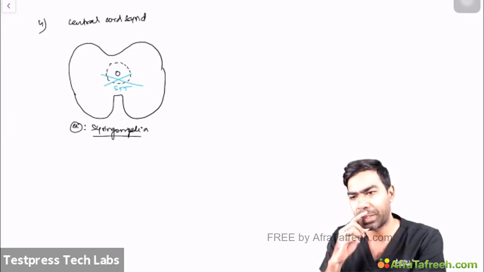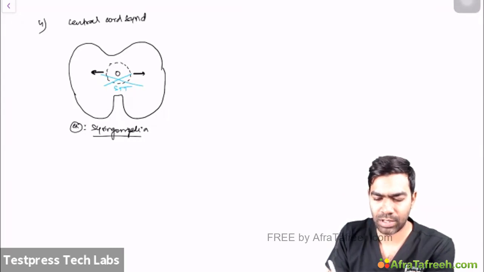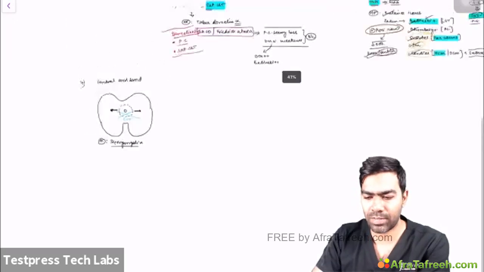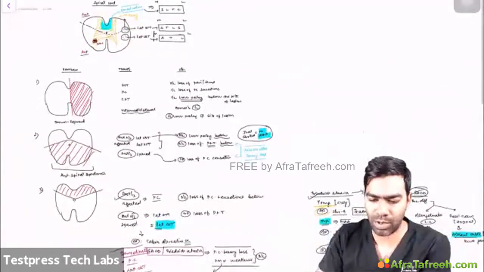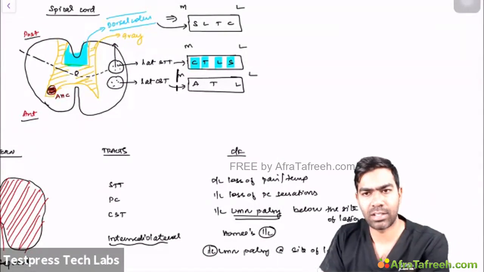And you know very well, as the central cord expands on the sides, spinothalamic tract fibers will be first affected. If you go to the diagram that we have drawn, spinothalamic tract is arranged from medial to lateral in a C, T, L, S kind of a pattern.